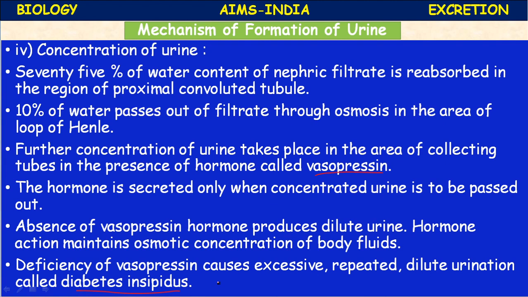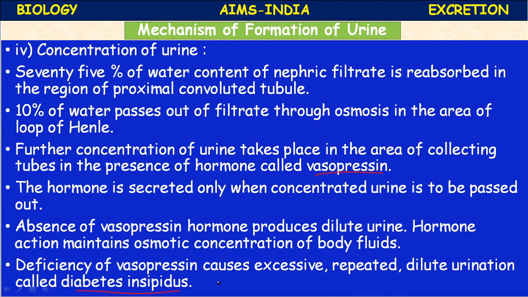Okay, frequently they have to pass urine because the mechanism of concentration of urine is hampered due to the deficiency of which hormone? Vasopressin. Okay, this vasopressin hormone maintains the osmotic concentration of the body fluids.